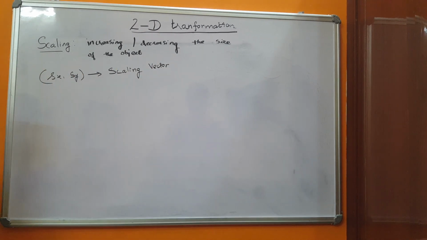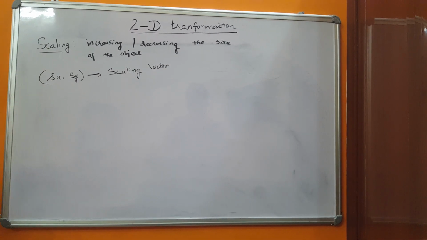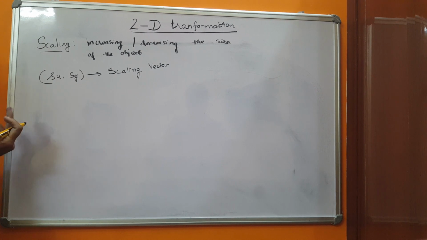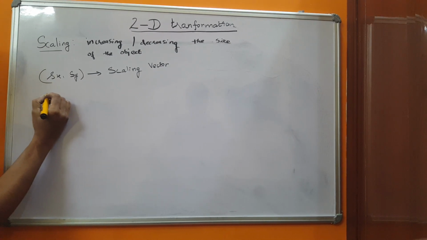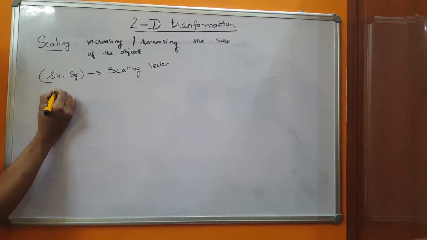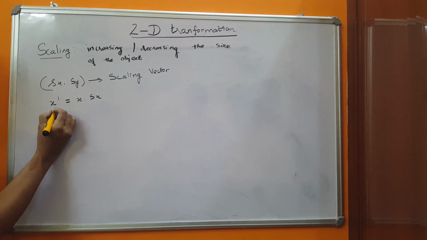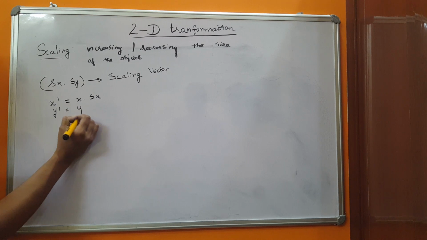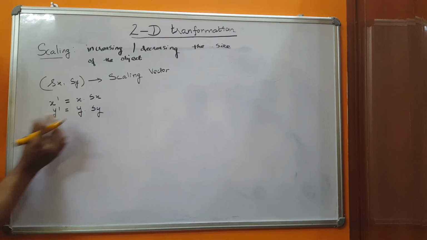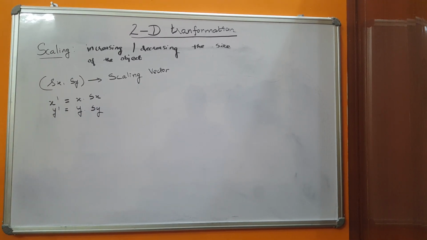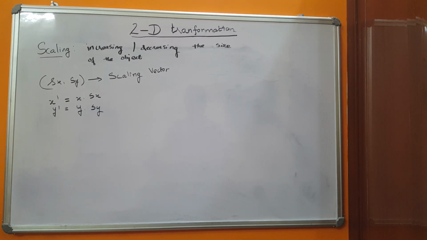Those values are multiplied with original point to get a scaling point. The equations are x dash equal to x into Sx, y dash equal to y into Sy, where x dash y dash is a new point, scaling point, and xy is a old point.